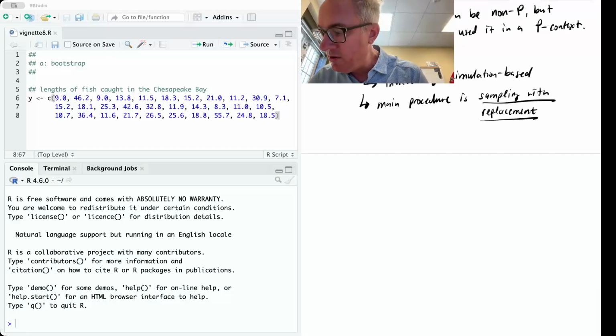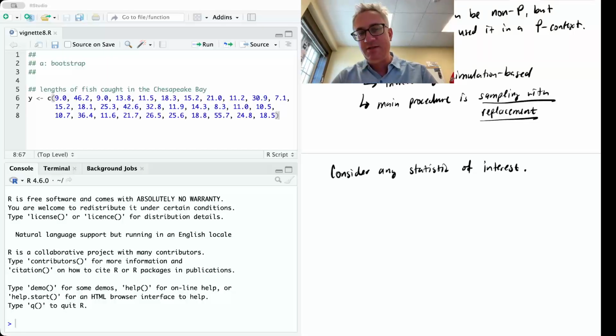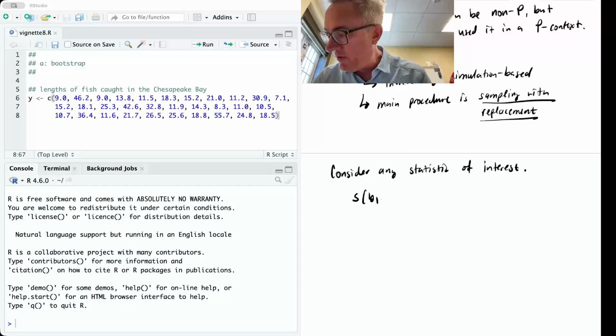So consider any statistic of interest. Now remember, a statistic is just some function of your data. You don't have to have a model to think about a statistic. However, if you do have a model, often a statistic naturally suggests itself. So our statistic is just some function of the data values.